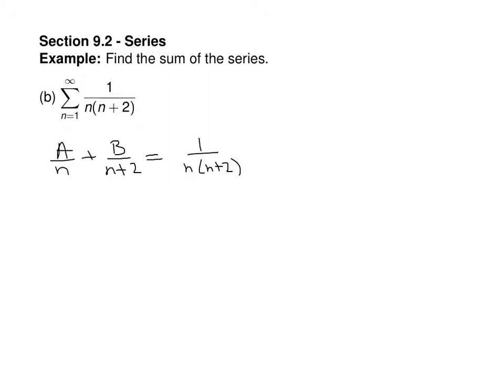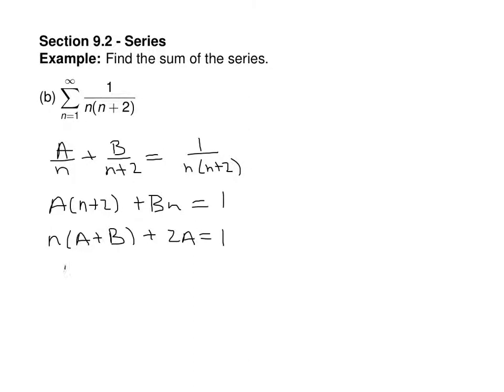So multiplying by n times n plus 2, that's a times n plus 2 plus bn will equal 1, or n times a plus b plus 2a equals 1. So this gives us that a plus b must be 0, and 2a has to equal 1. So a is going to be a half, and then b will be negative 1/2.